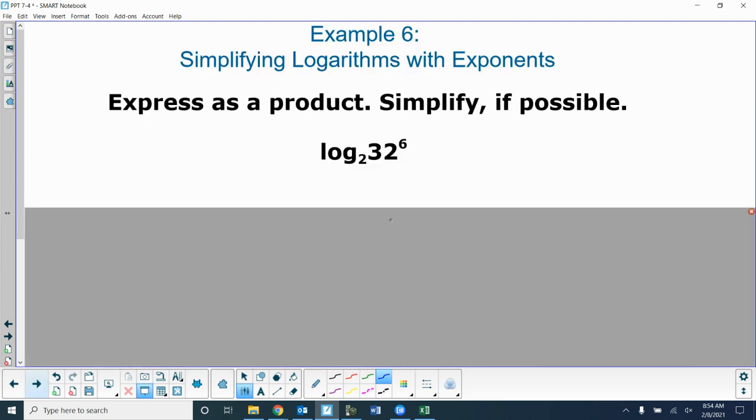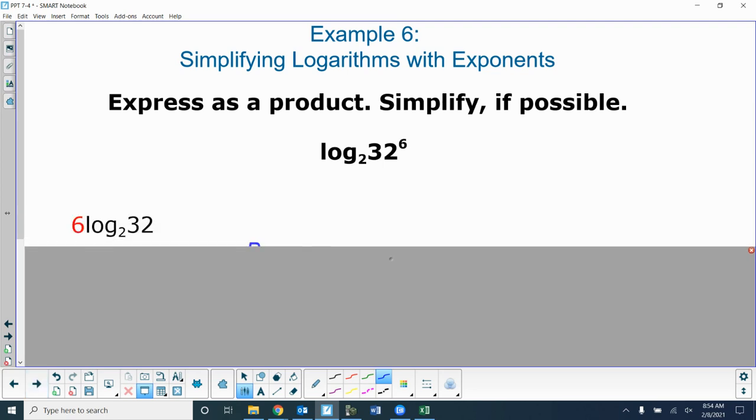So that 6 here, what am I going to do with it? Put it out front of that log. Okay, and then we're going to do this problem first. Once we get the answer, what are we going to do with the 6 then?